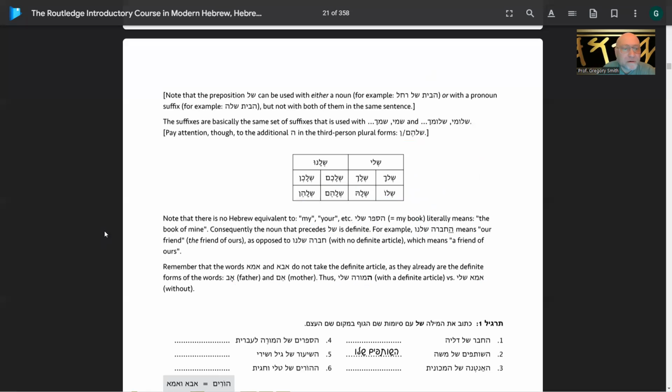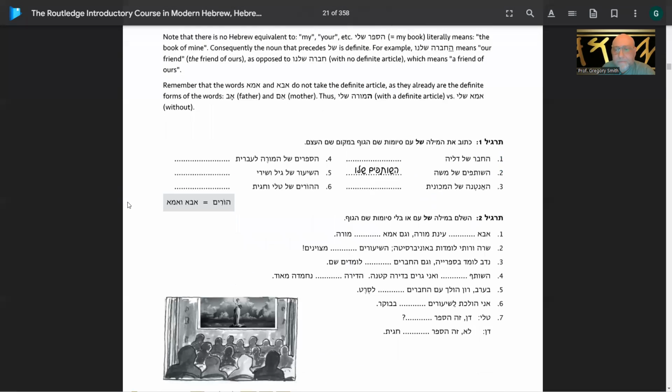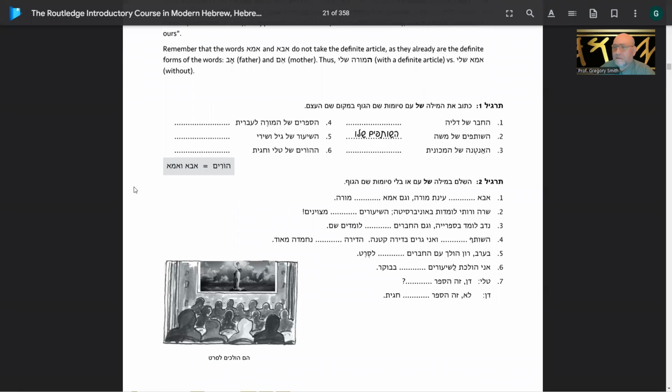All right, let's see here. So now we've got some exercises. The main thing we're learning in this chapter is the shel word, which denotes possession.